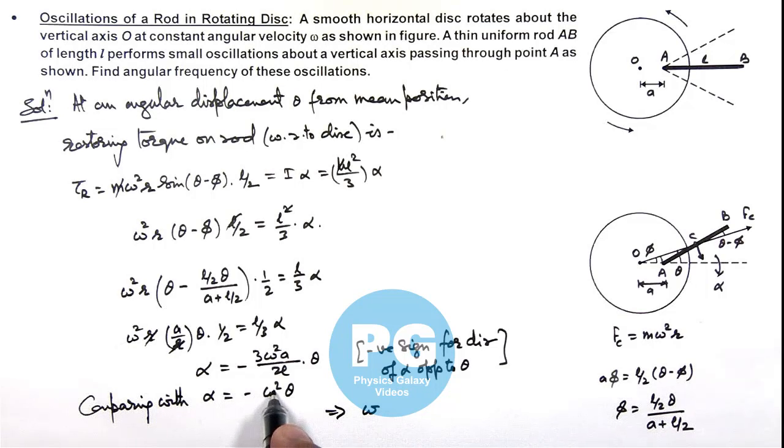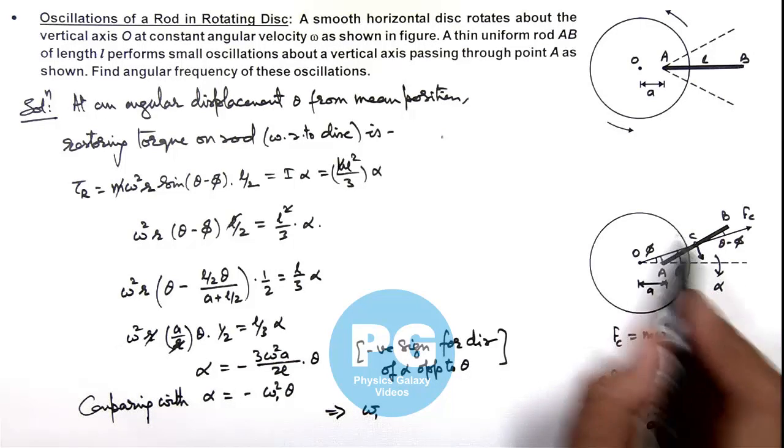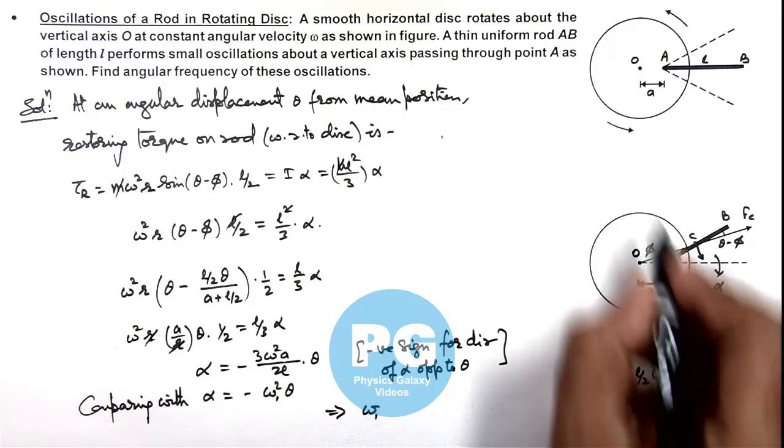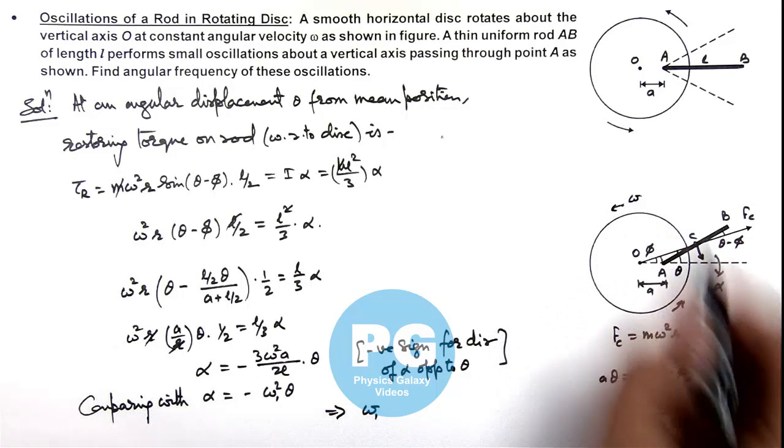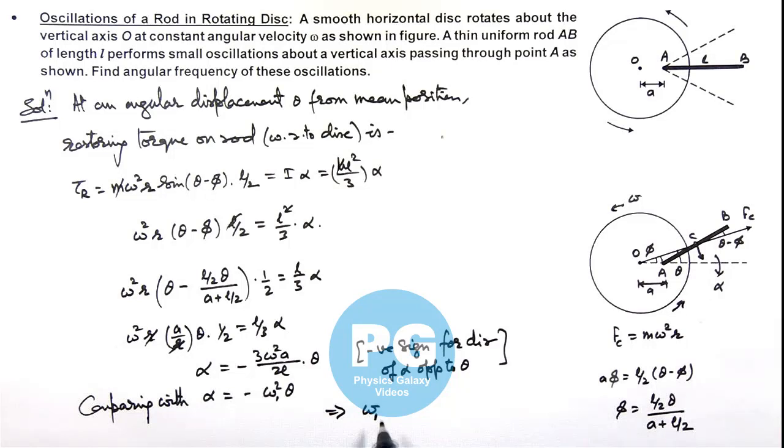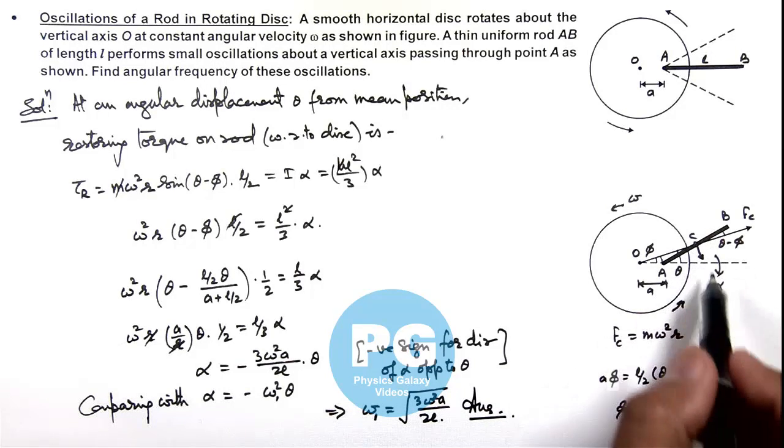Here this omega is the angular speed with which the disk is rotating, and omega 1 is the angular frequency of small oscillations of the rod, which can be written as root of 3 omega square A by 2L. So this is the final result of angular frequency of oscillations of the rod.